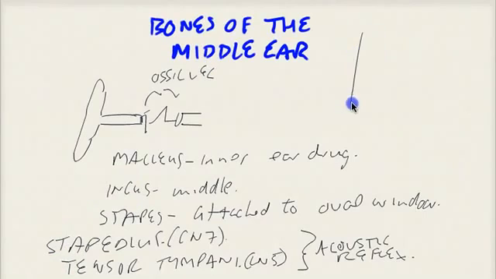Now, just as a side note, there's an interesting connection that the vagus nerve has as it relates to all these structures. The posterior part of the external auditory canal is actually innervated by the small auricular branch of the vagus nerve.